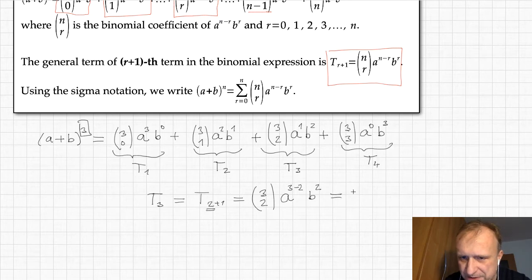And you can see that this is really 3 choose 2 times a to the power of 1 times b to the power of 2. And when you compare it with this one, you see that they are actually the same.